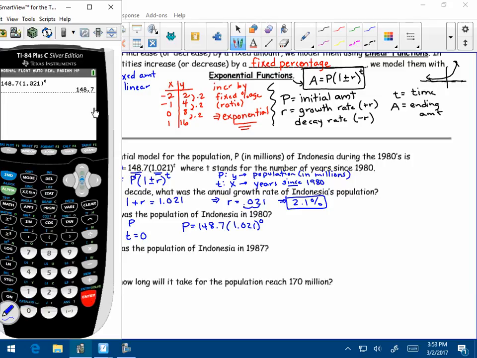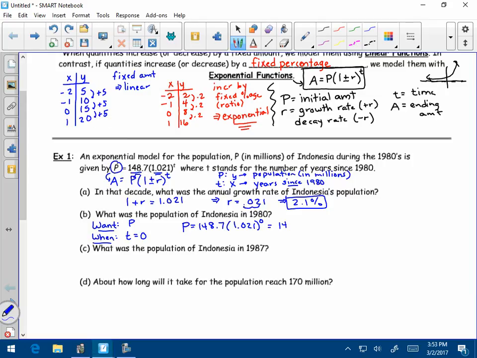And you're going to get that number right out front. Remember your units, this is population in millions. So it's not really 148 people, it's 148.7 million people. Now, since t was years since 1980, that's also like our initial amount. So it shouldn't come as a huge surprise that that's the same as that initial amount value out here.